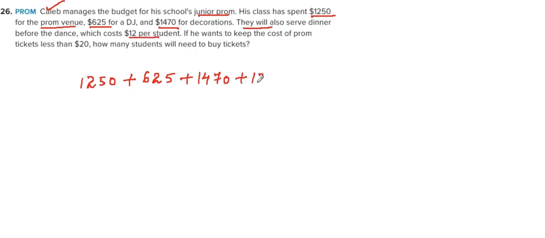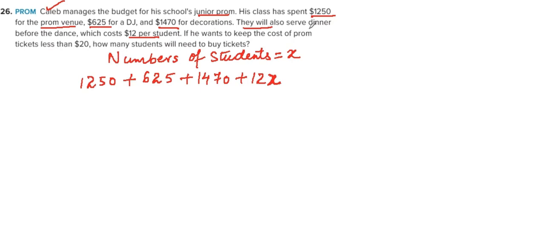So x is the number of students, and 12x is the money required for the dinner.